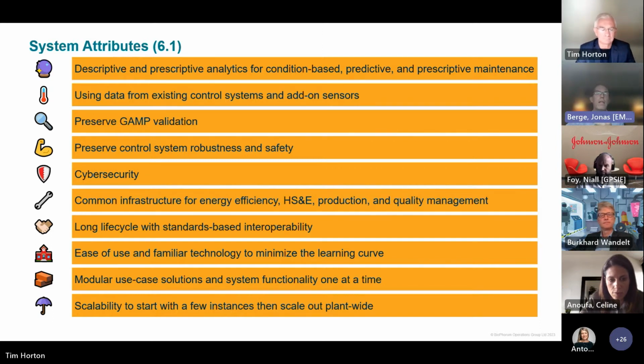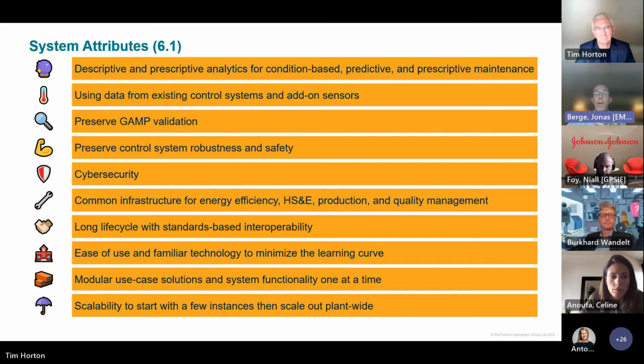For simplicity, a single infrastructure is shared for sustainability, safety, production, and quality management. Plants have systems that have long life cycles, so interoperable standards are used to stave off obsolescence.